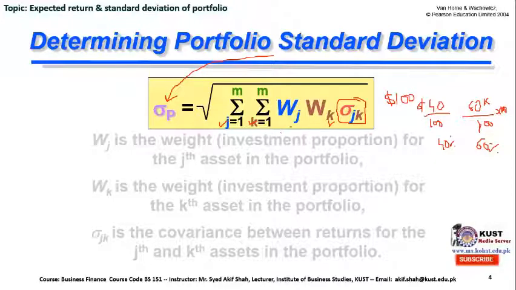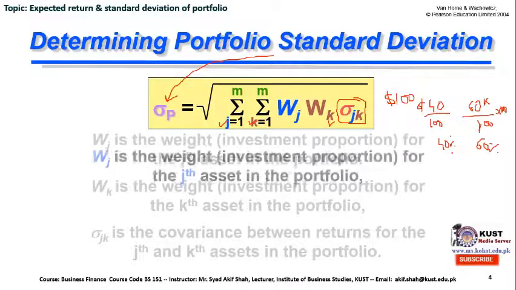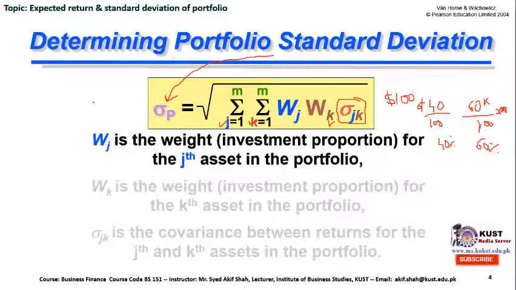So this weight can be easily measured: the amount of investment in the relevant security, divided by the total amount of investment, gives you the weighted investment in that particular stock. Therefore, WJ refers to the weight of investment proportion for the jth asset in the portfolio, which we calculated to be 40%.